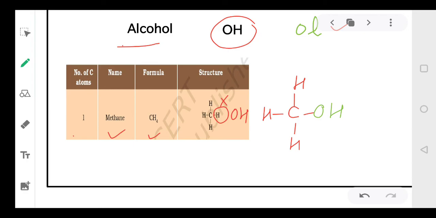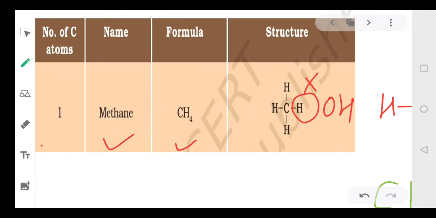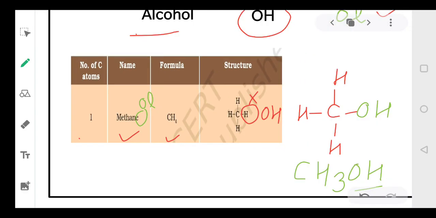Now let's write its structure. The structure will be CH3OH. Since OH is the functional group, we call it an alcohol. Now let's name it. It was called methane. Now we have to remove this E and replace it with OL.